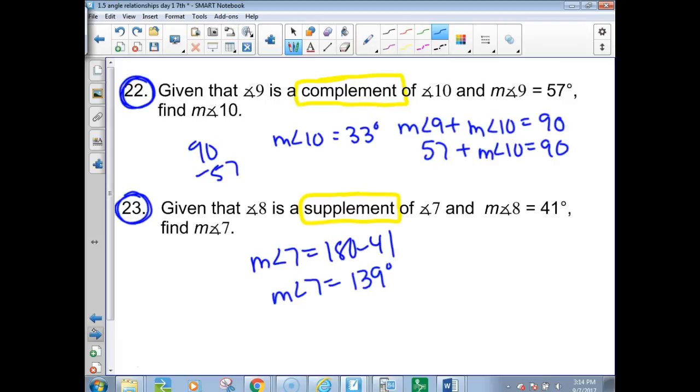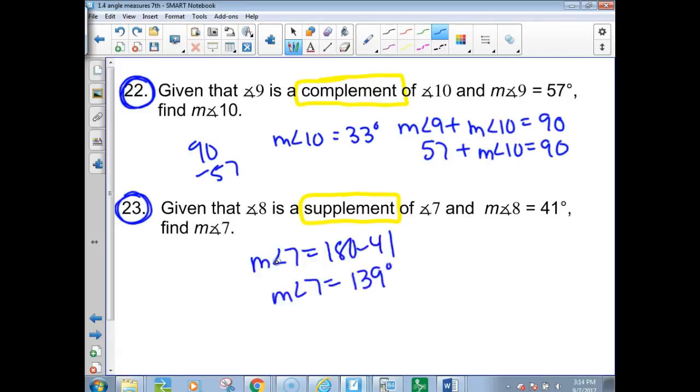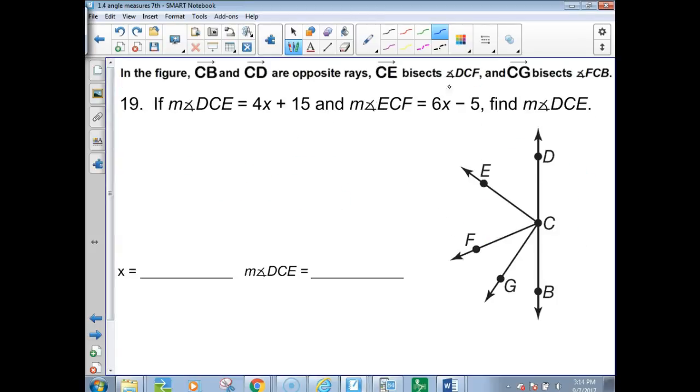Something else? So we want to go back. This was from which section? This is from 1.5. Does anybody want to look at 1.4? We have something on 1.4? Okay. These words, opposite rays, bisects, etc. These are the key things in 1.4.